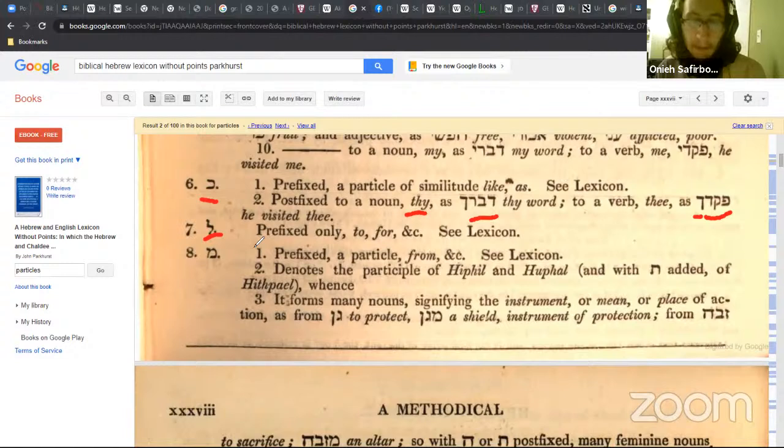And then mem, like I said earlier, it actually comes from mem noon, and the noon gets dropped, but not always, only when it's added at the beginning. When it's added at the end, it's a different origin.